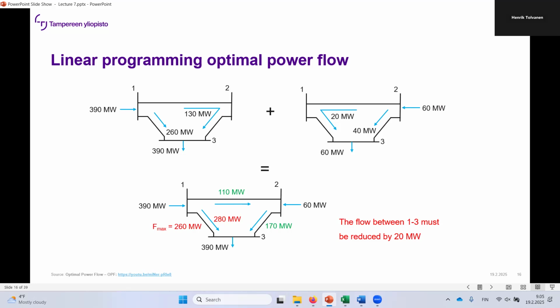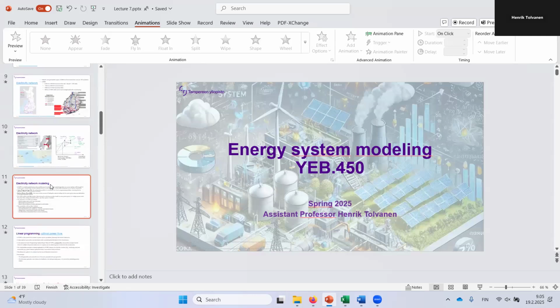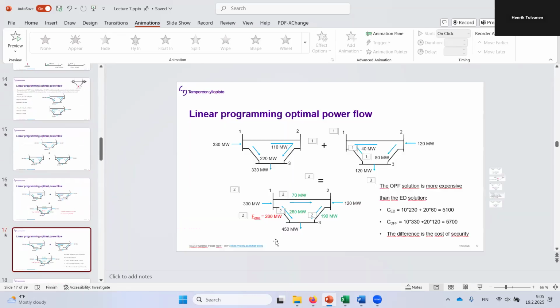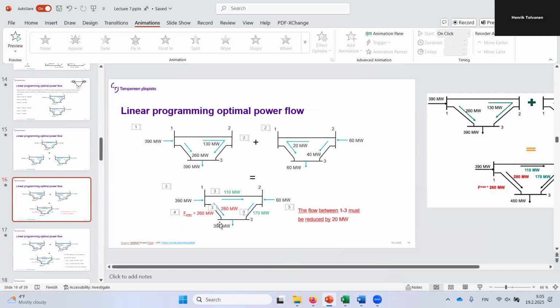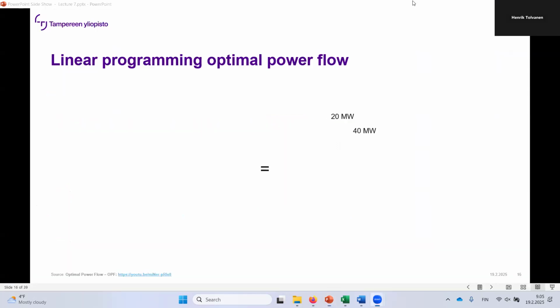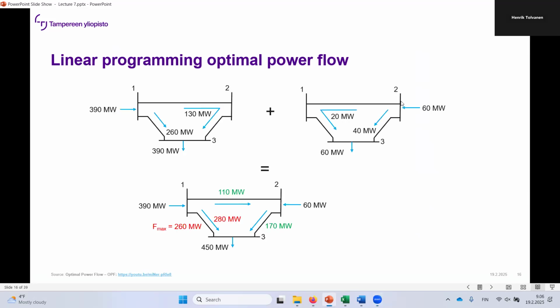So that's slide 16. I should have 450 megawatts in there. So let's see, 16, and here should be 450. Yeah. So let's get back to business.